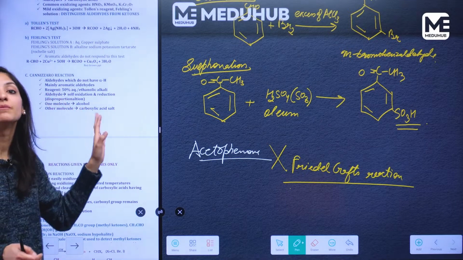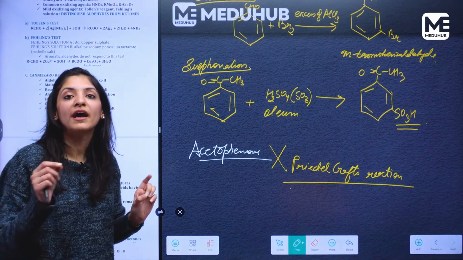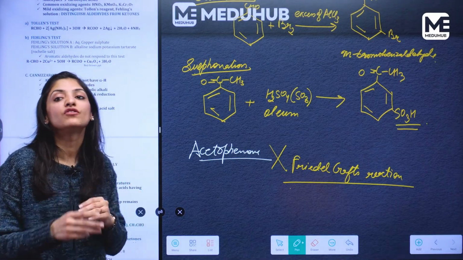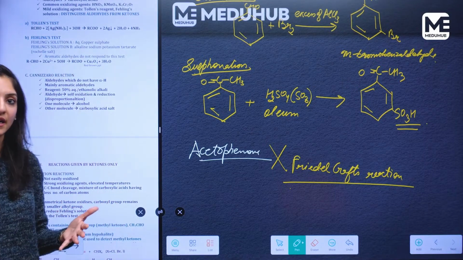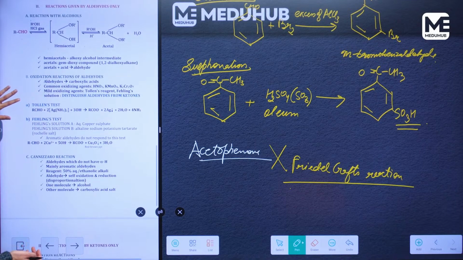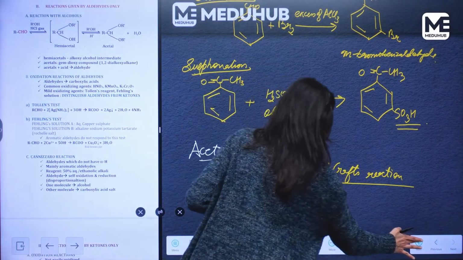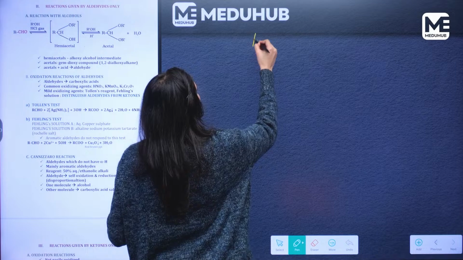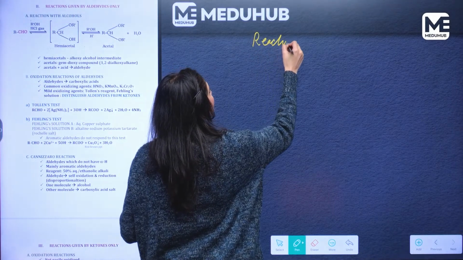This is a reaction given by aldehydes which do not have an alpha hydrogen. So it is of more significance for aromatic aldehydes. We'll go through them one by one. So these are reactions given by aldehydes only.